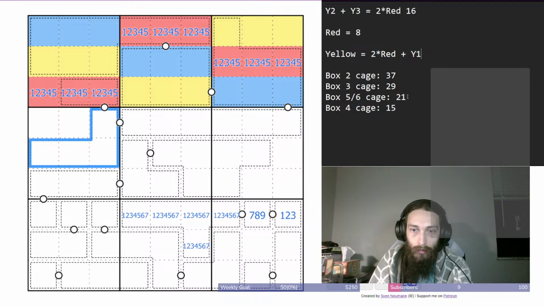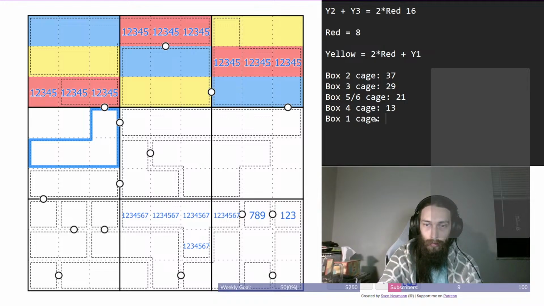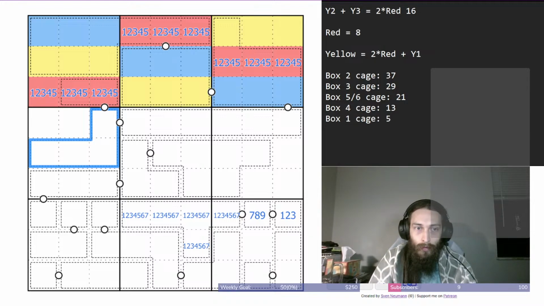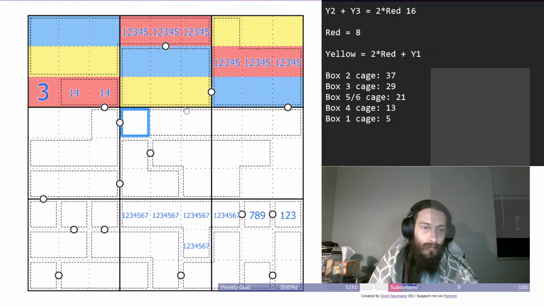So then 21 minus 8. 21 minus 8 is 13. And 13 minus 8, this is the box 1 cage, is 5. Yay, we got something! Yeah.